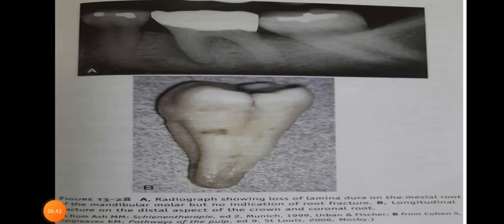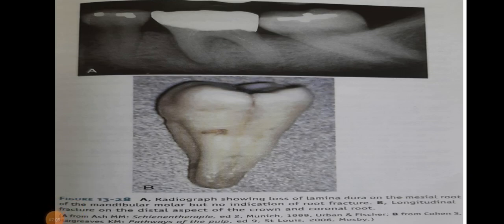Fractures of the root cause symptoms that resemble those of other dental problems. Therefore, the diagnosis of root fracture may be difficult, especially when the fracture does not appear on the radiograph. You can see this in figure 13.28.